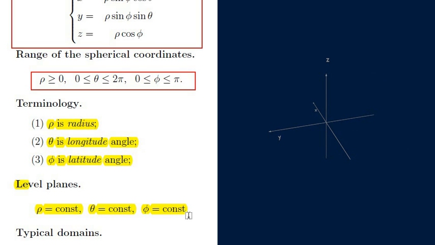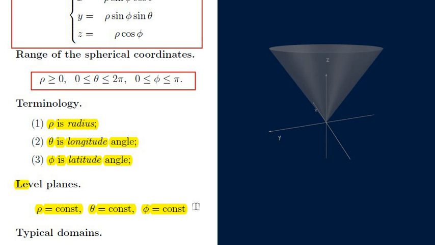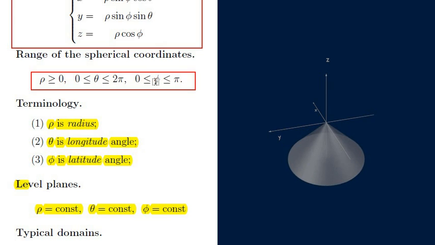In XYZ space, it is given by a cone. It's the cone which grows upwards in the positive direction of z-axis when phi angle is between 0 and pi/2, and that's the cone which grows downwards towards the negative direction of z-axis when phi angle comes from the range pi/2 to pi.